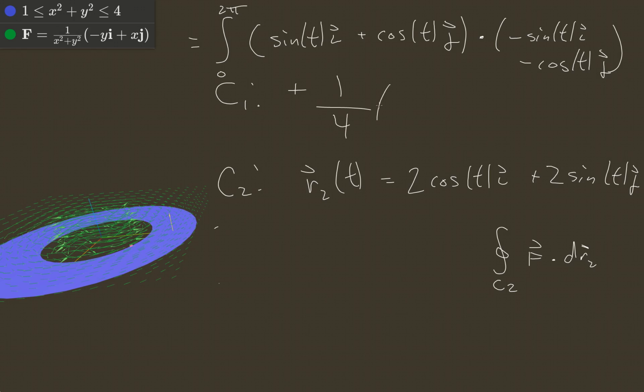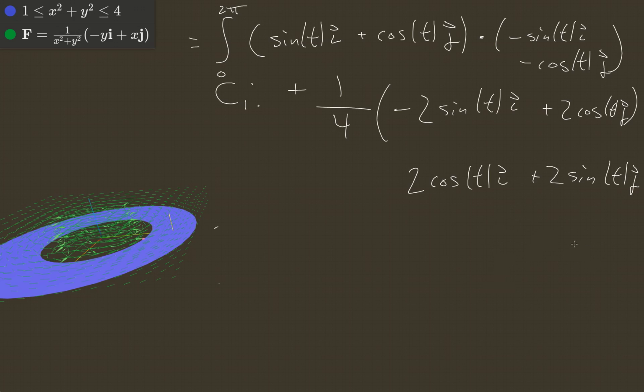Now the F part will be negative 2 sin t i plus 2 cos t j, and then dr2 is, dot, negative 2 sin t i plus, so sort of the same thing, plus 2 cos t j, and then this dt.